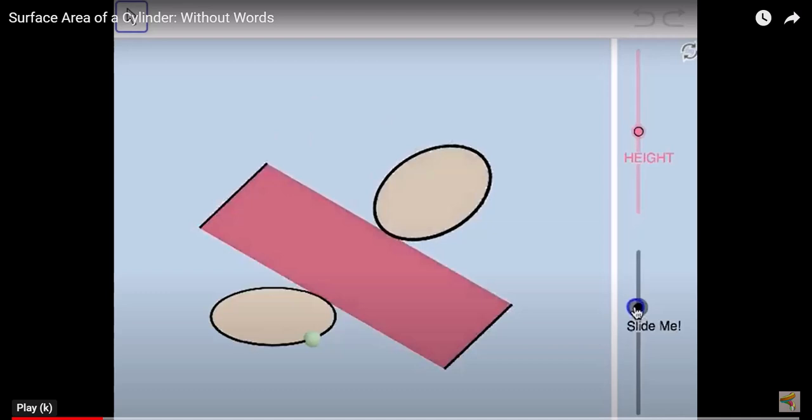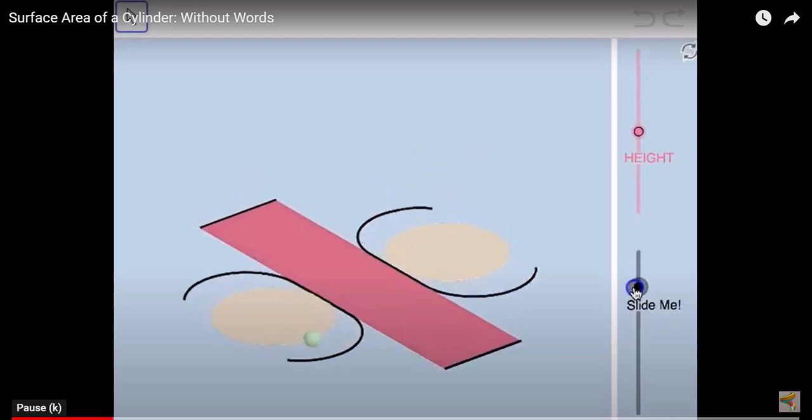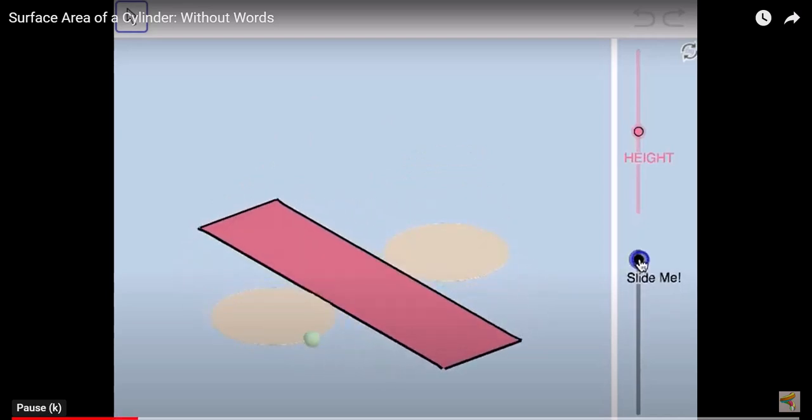So if we unwind the distance on the outside, you notice it's going to be the length of the rectangle. The distance around here, we unwind this, becomes this edge of the rectangle. So when we do length times width, one of the sides is the circumference of the circle, and the other side is just how tall the cylinder is.